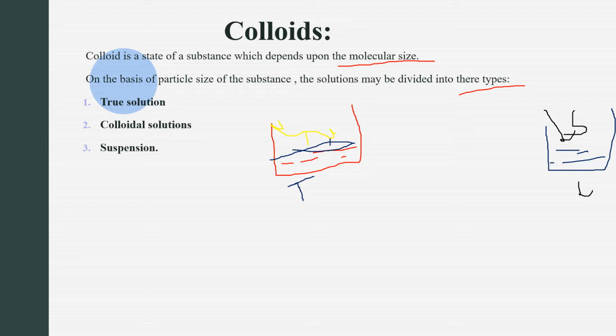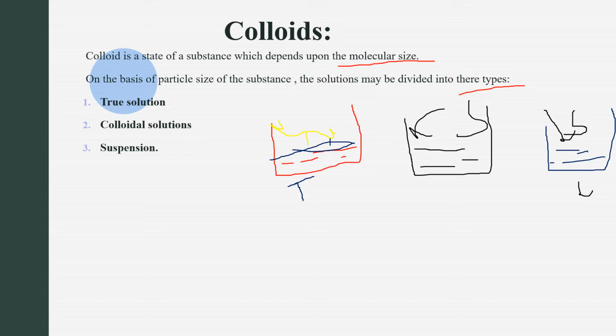And at the same time, if I take the third beaker in which water is present, and to this water I add some starch, now what will happen? The starch molecules are again dispersed in water, in a heterogeneous form.